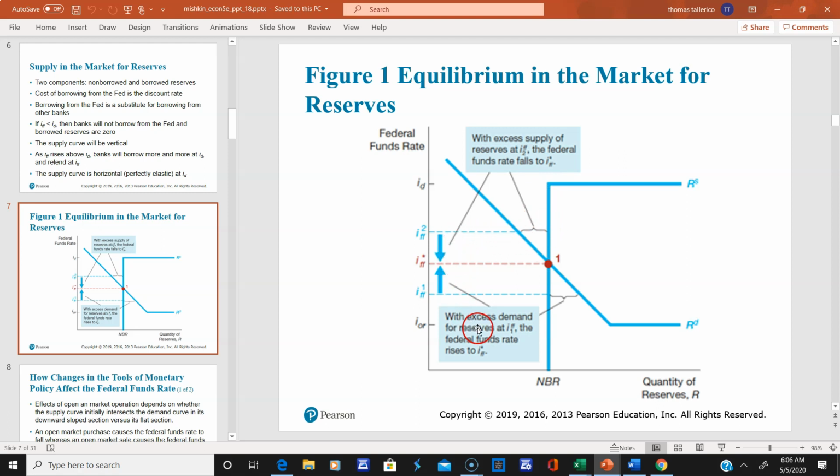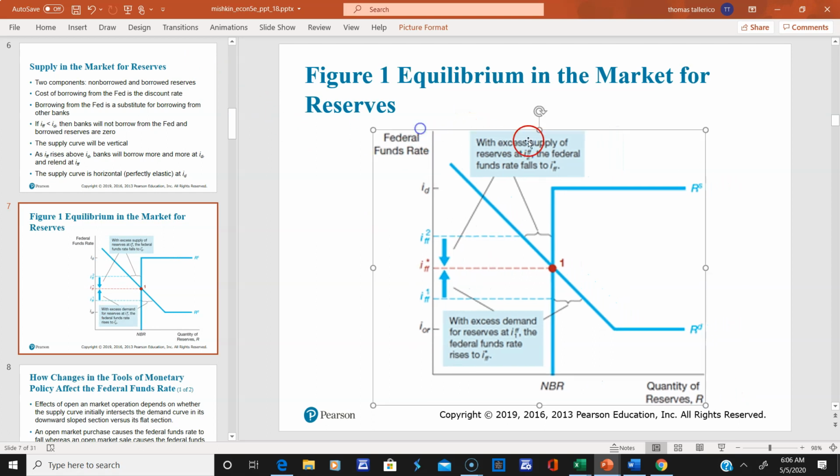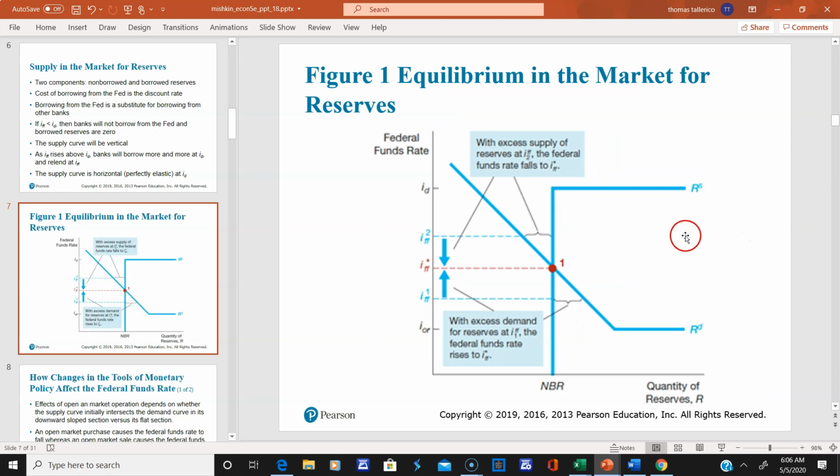And with excess demand for reserves, the Fed funds rate rises. And it reaches kind of an equilibrium point, so to speak. And here's the supply and demand for money as a function of the quantity of reserves.